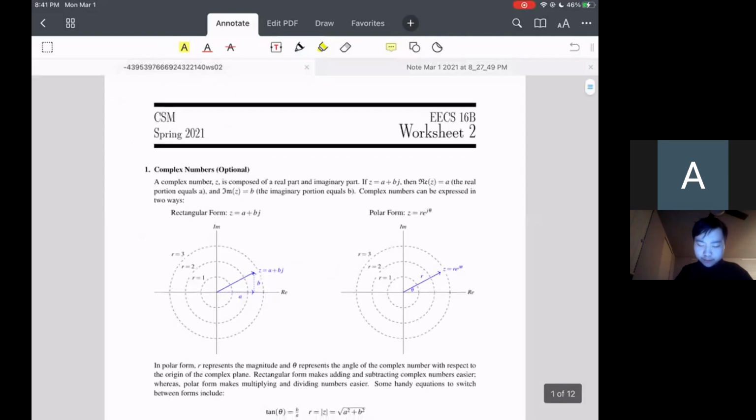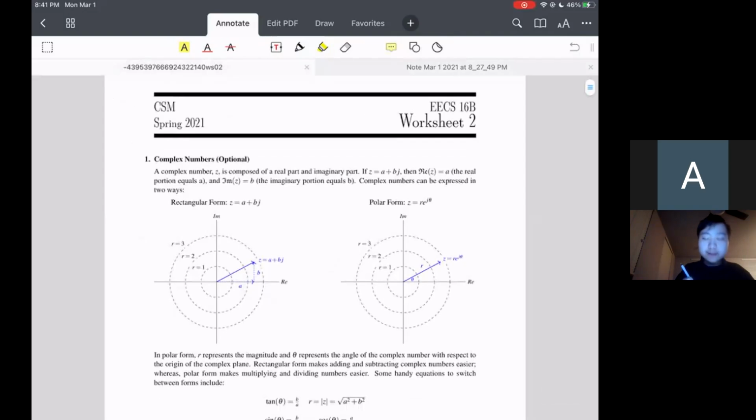So if we're given a rectangular form, z equals a plus bj, we just find the coordinates (a, b), and note that this point is actually just our complex number, z equals a plus bj. On the other hand, if we are given the polar form, r times e to the j theta, we just first find the radius r, we then find the angle theta, and then we just find the complex number as desired.